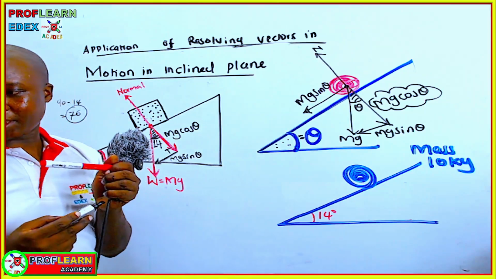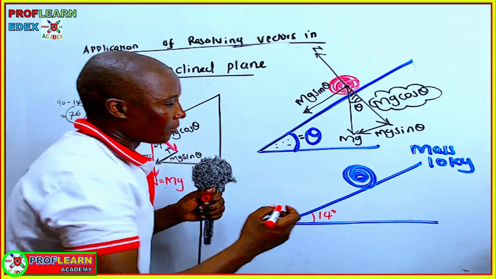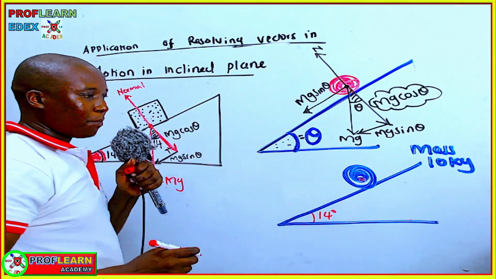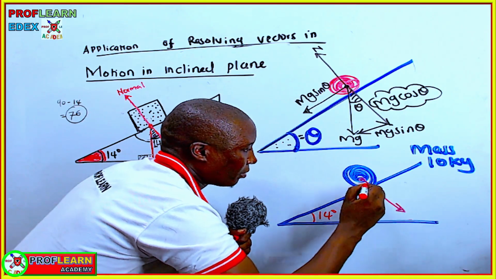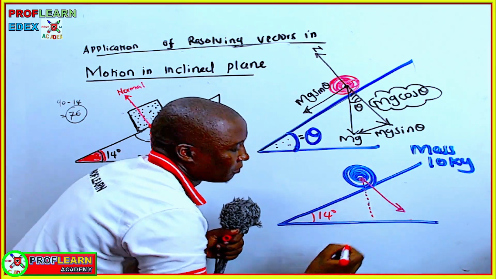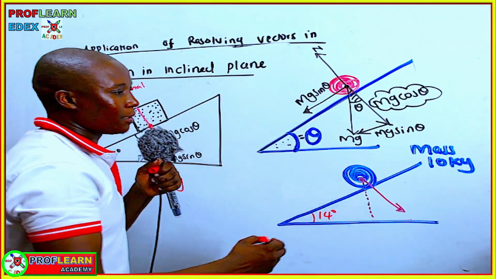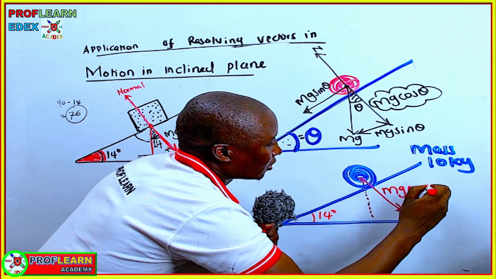You are asked, what is the force this object is exerting on the inclined plane? It will be this force we have at this point, which is going to be mg cos theta.